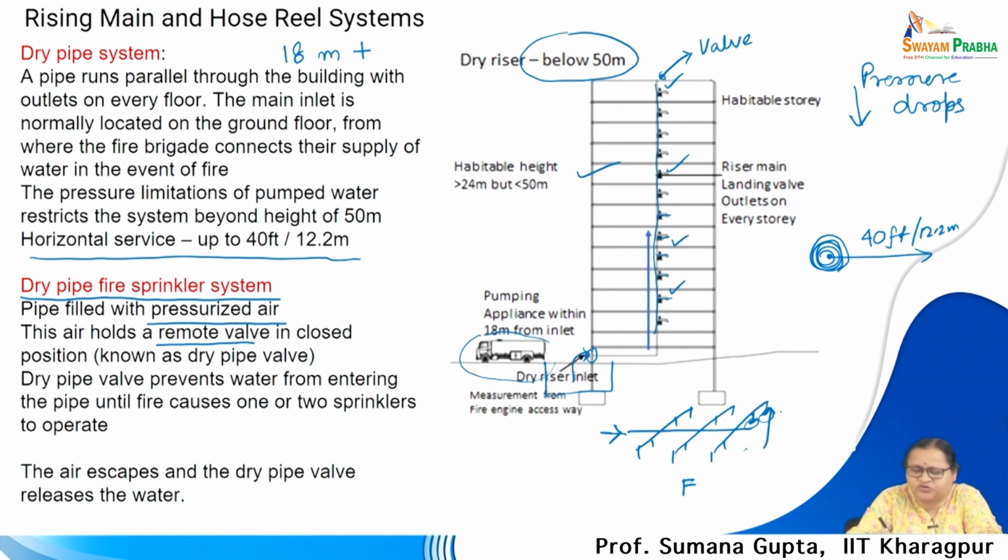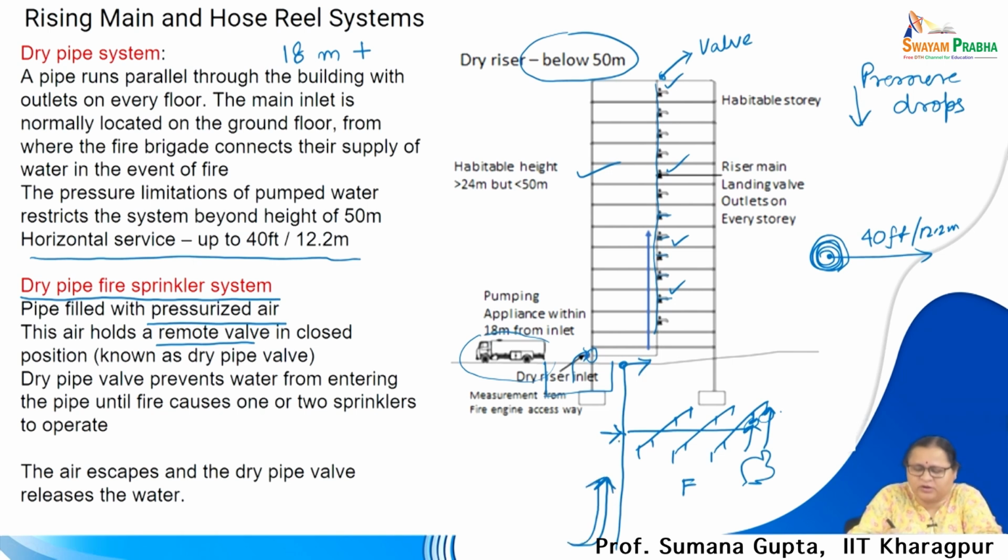What happens? Air escapes through it. There is a fire here. The moment the nozzles open with the fire, the air in the pipe is released. The moment the pipe loses its air, the stack serving it, that top valve, because of the air pressure difference, opens and the water rushes in.